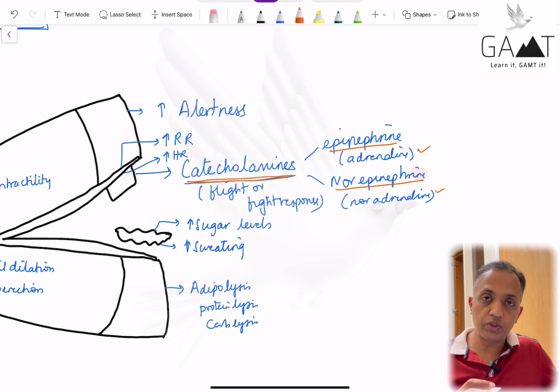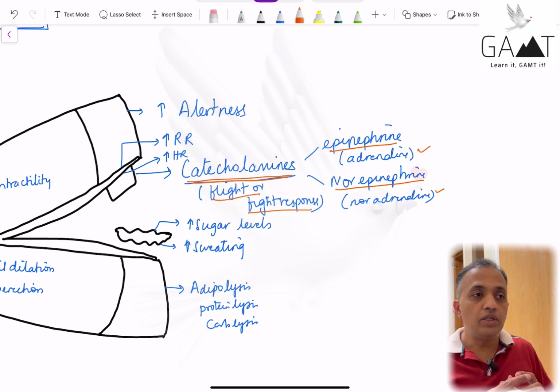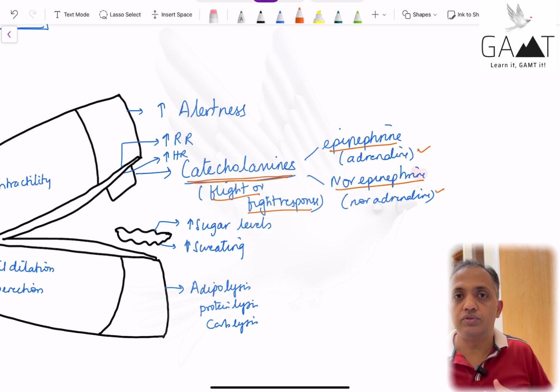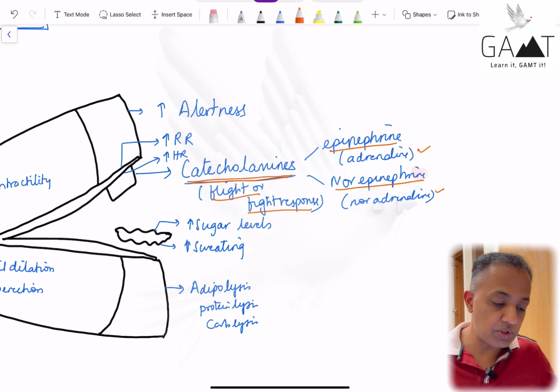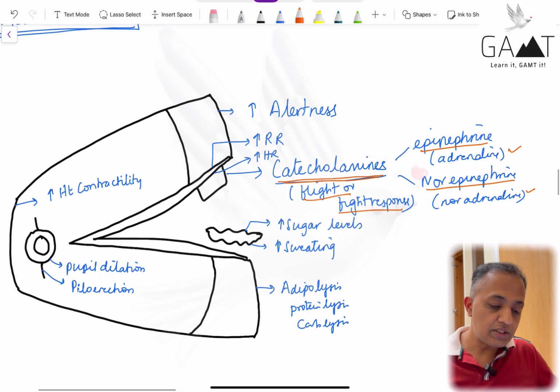These hormones are responsible for the fight or flight response. They really get your heart racing when you're running away from danger. This is the hormone you need in emergency situations. So that's the C.